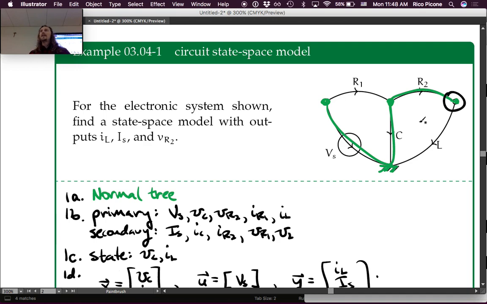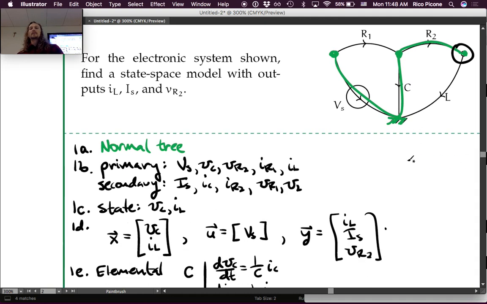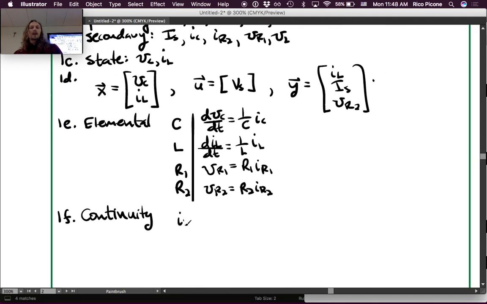I'm going to start doing that every time now so that you can see me go through those steps, and hopefully it'll help you too, because it saves some time. So when you are considering this branch, you want to know what IR2 equals. IR2 is going into the contour, so it must equal everything going out of the contour. So IR2 has to equal IL in this case. So IR2 equals IL.